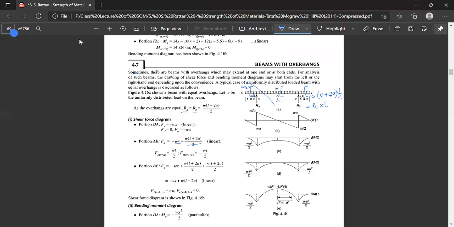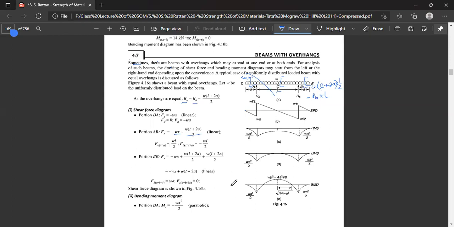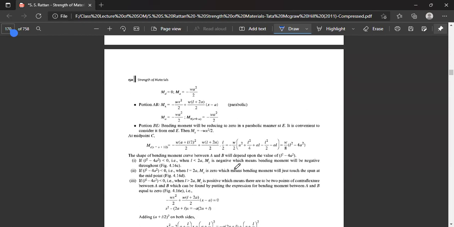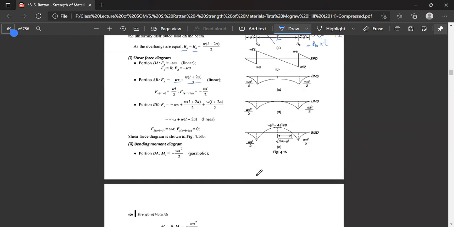Similarly, if we want to find the bending moment, we have to follow the same procedure.